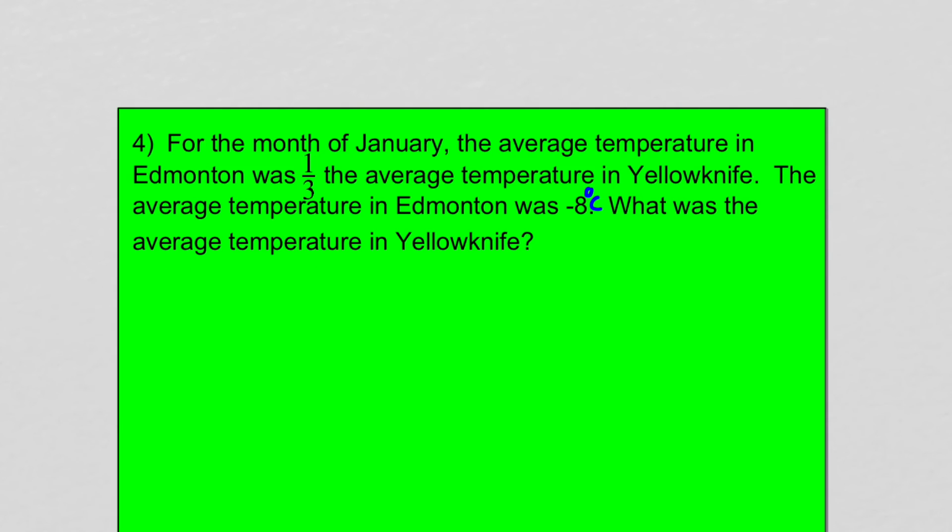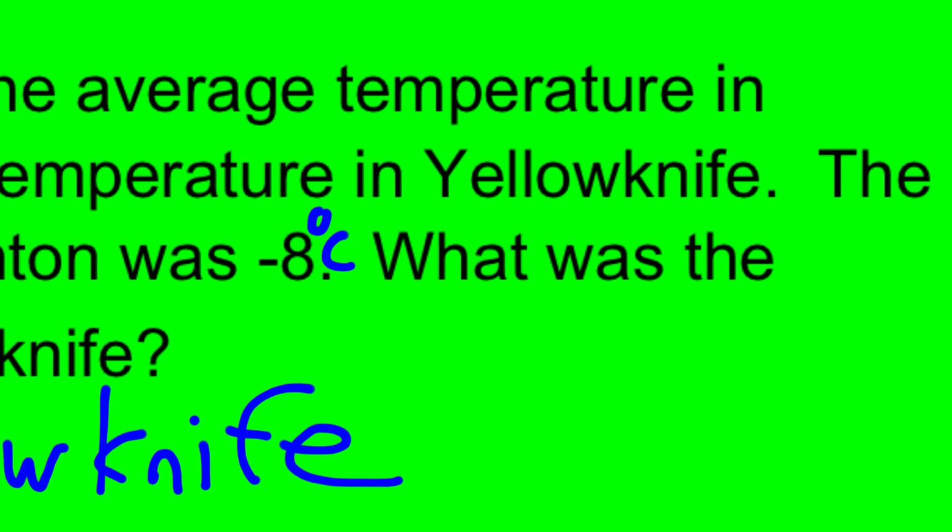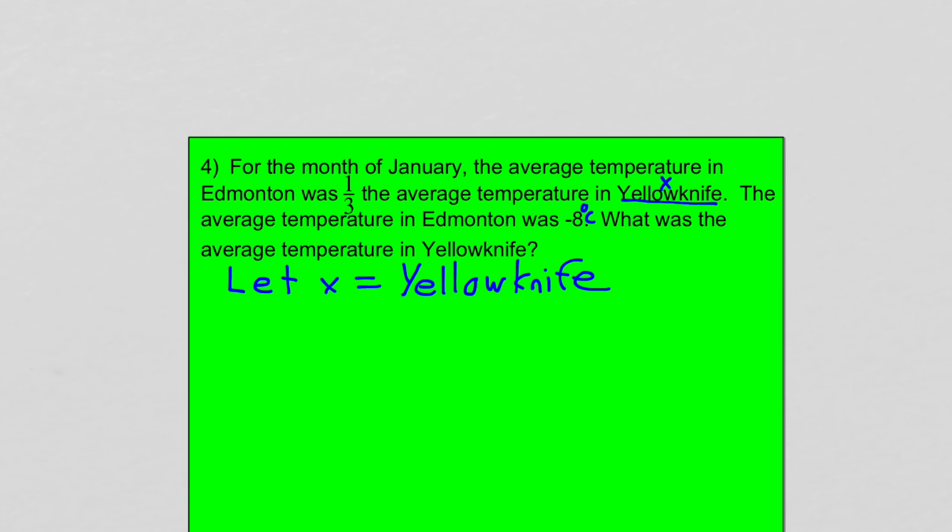Now that's a lot to write, so I'm just going to write let x equal Yellowknife. Now wherever it says Yellowknife in the question, that's going to be x. So right over here I see that Yellowknife is going to be x.